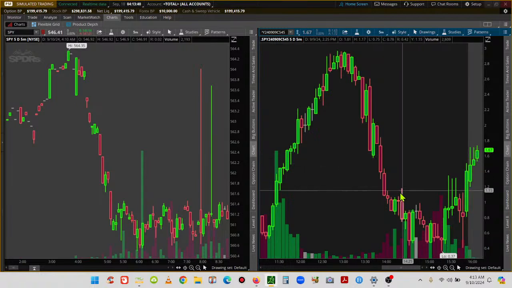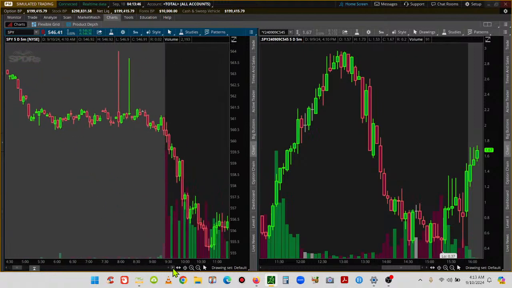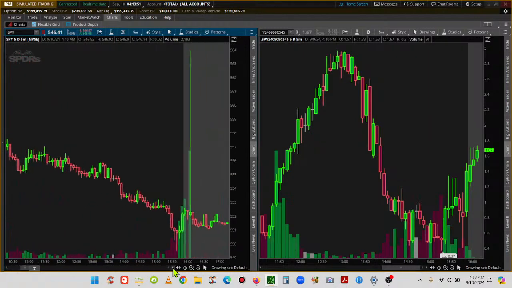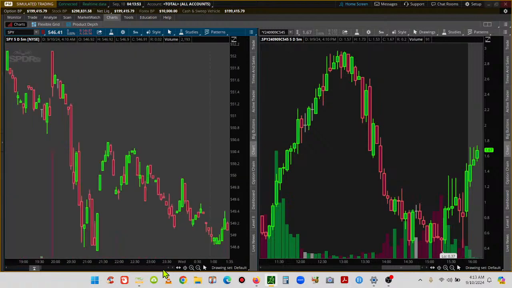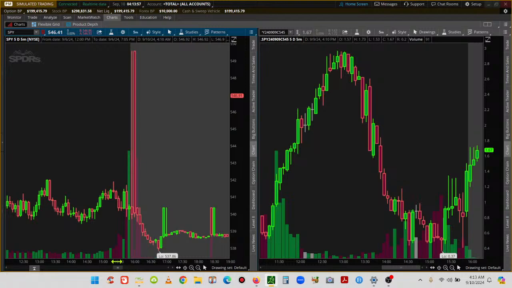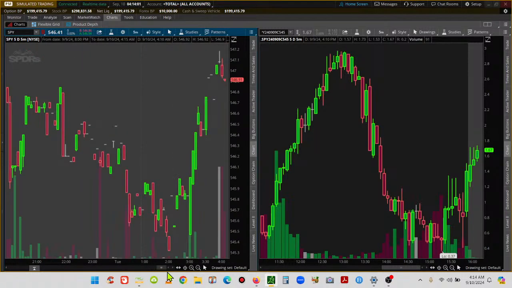This is how it's supposed to look. So down here you could scroll to the right. I don't know why it's not keeping up with the current market. But we need to get to the front. So here's the bottom scroll of the chart. We need to scroll over to get to the current time.